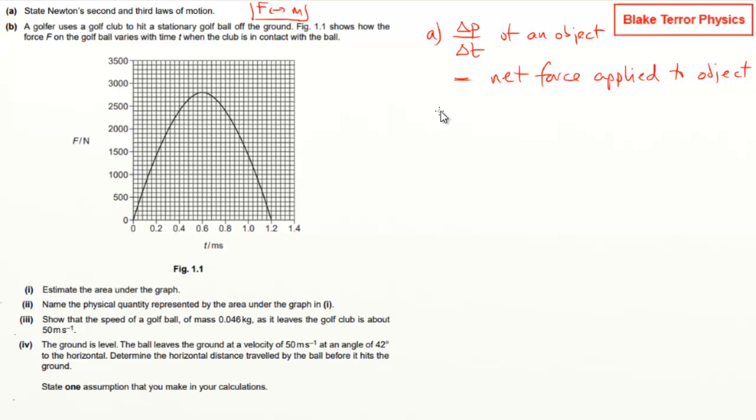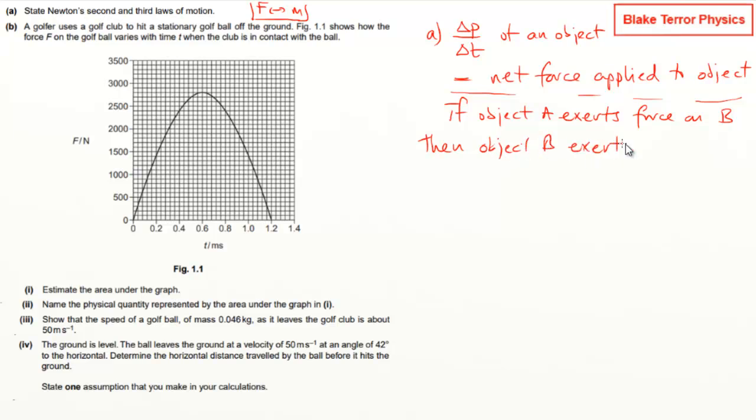Then similarly for the third law. For Newton's third law, we want to have the same thing. If object A exerts a force on object B, then object B exerts an equal force in the opposite direction on object A. It makes it so much easier.